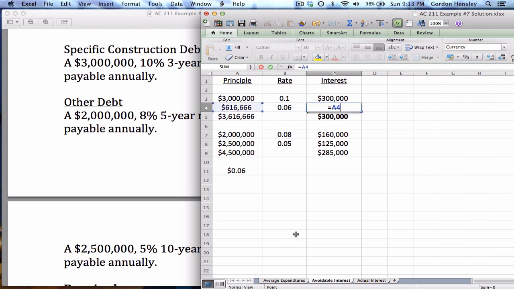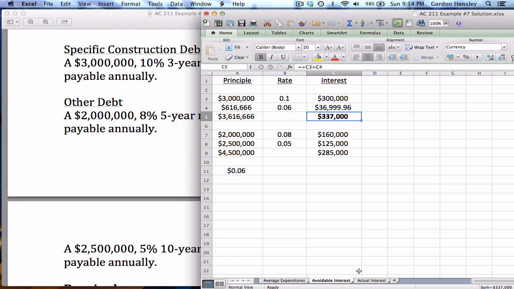I will take that principal, I will multiply it by that rate. That gives me $36,999.96. So when I add these two interest amounts together and round, we're looking at $337,000 of avoidable interest.